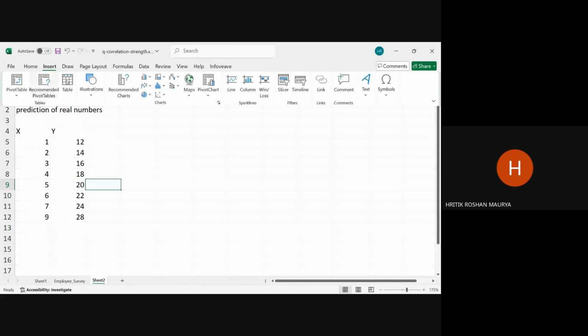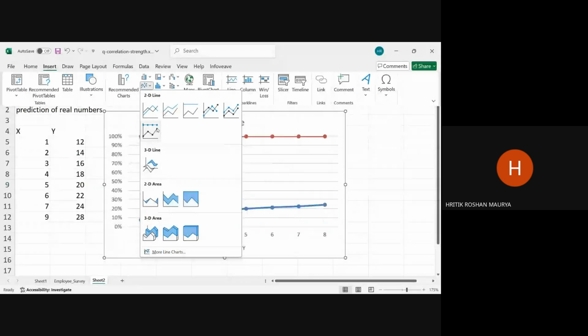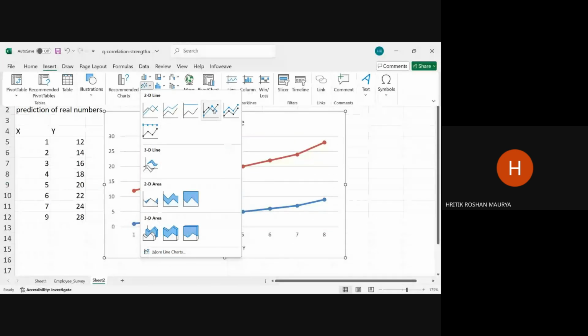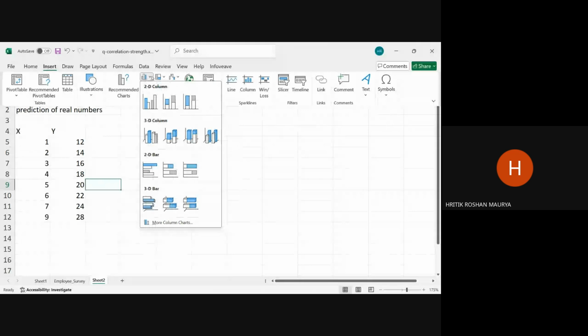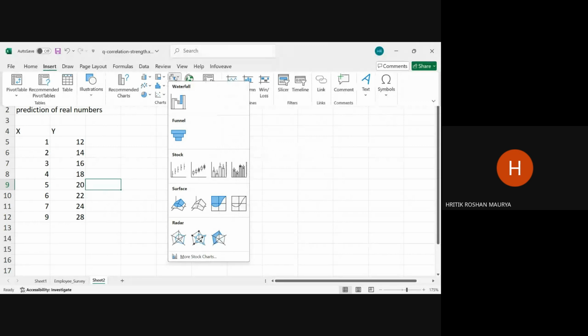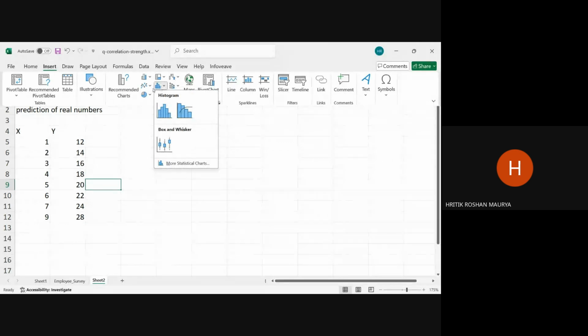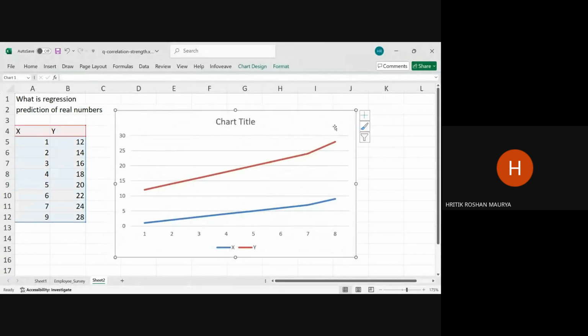I want to insert a scatter graph. I think this one will work.